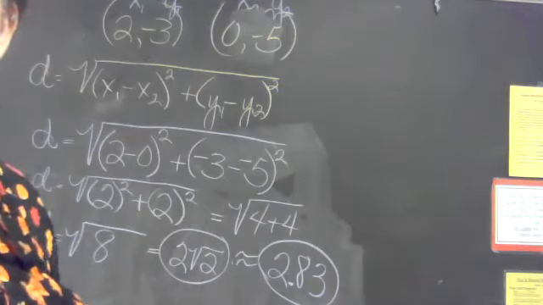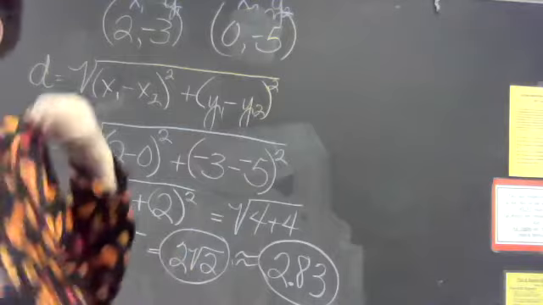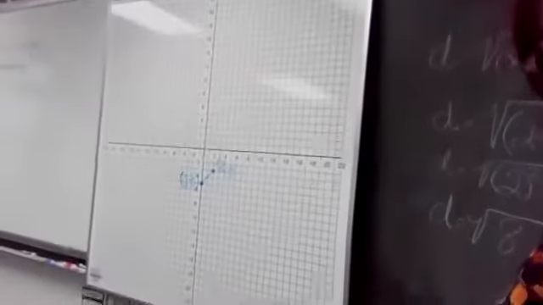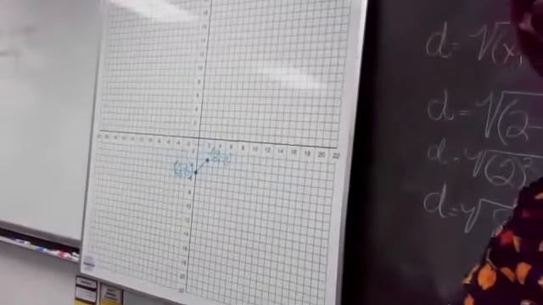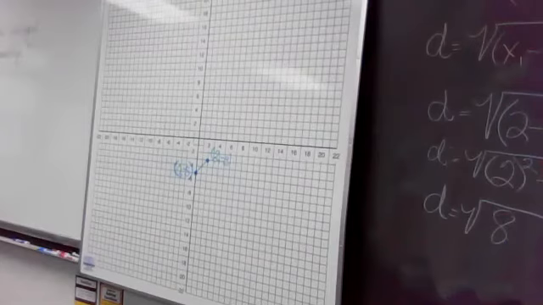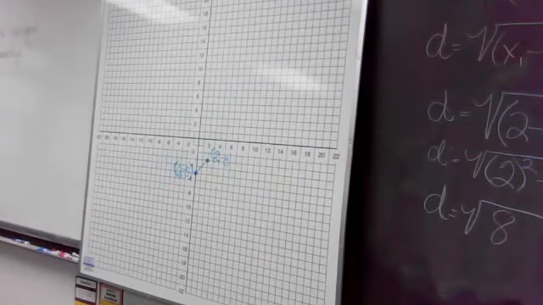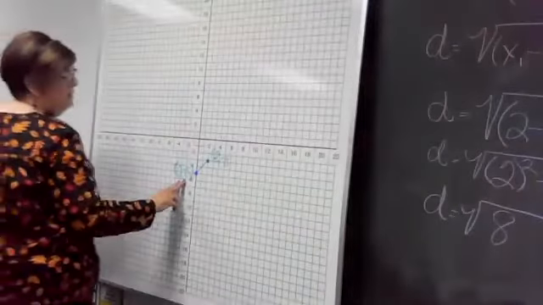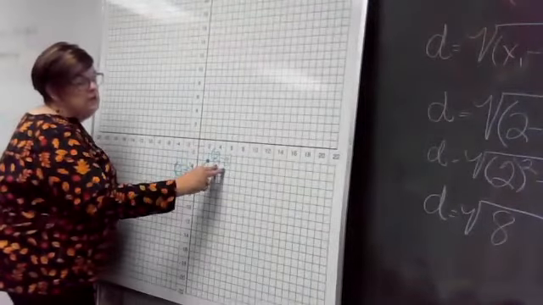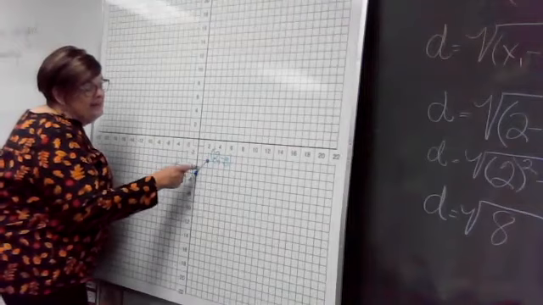Okay, now I'm going to move this back over to the coordinate plane for you to look at something. I hope you can see it enough. I took those 2 points that we just used, the 0, -5, and the 2, -3, and I drew a line segment.